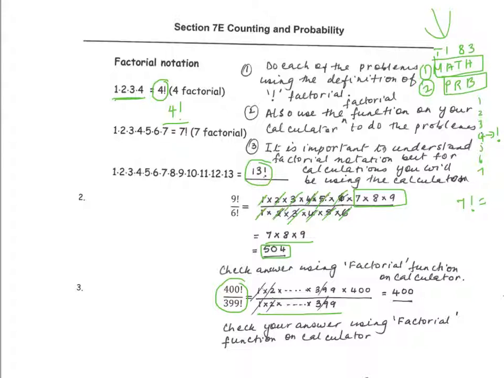So every number up to 399 gets cancelled. The only number left is in the numerator, and that's equal to 400. You can check your answer using the factorial function on your calculator. So you enter 400 on the screen, select factorial by going to math PRB, divided by 399, and then select the factorial, and you're going to get the same answer, which is 400.